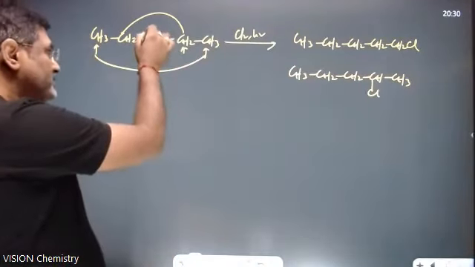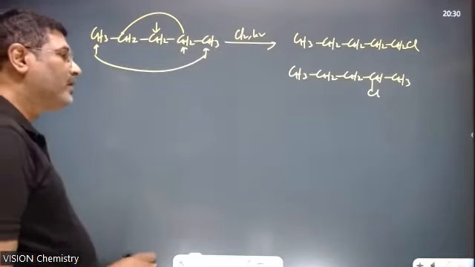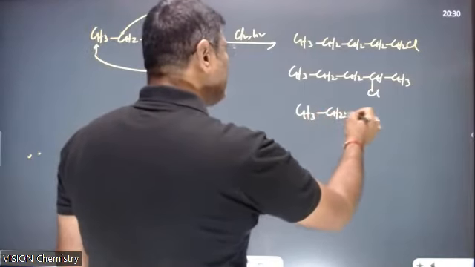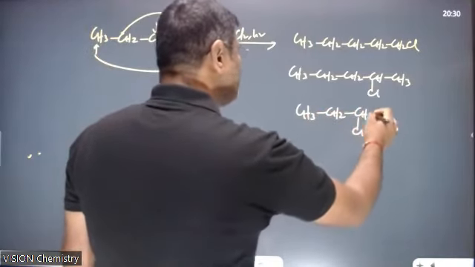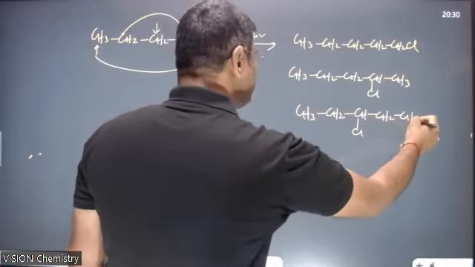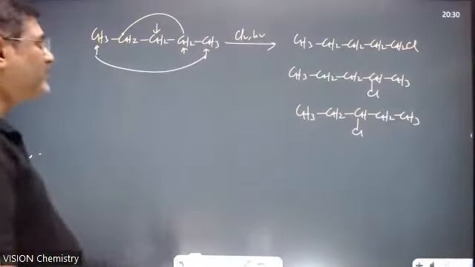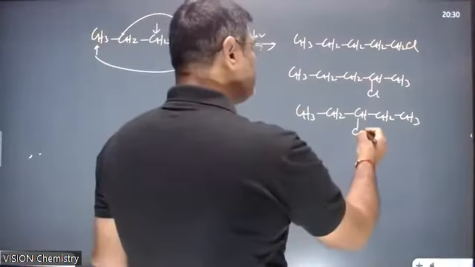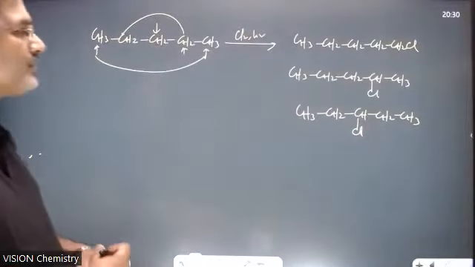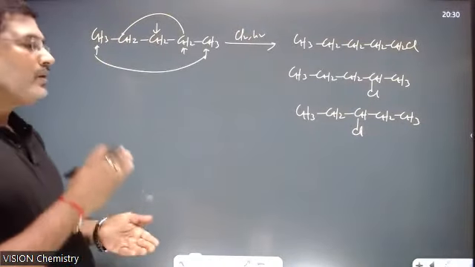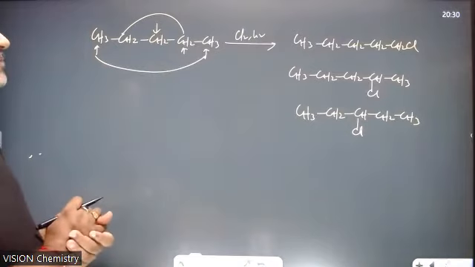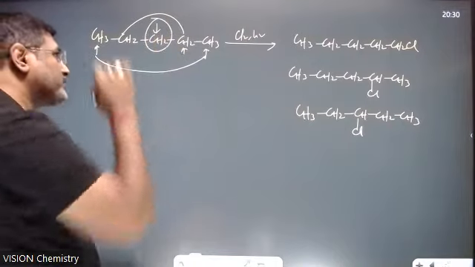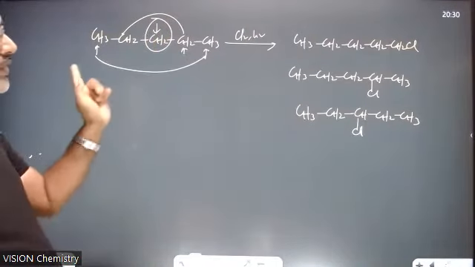What about this one? Yes, this one is different. Sir, that is also secondary. Yes, all secondary may not be same. Here CH3CHClCH2CH2CH3. This one is secondary, and how many hydrogens are responsible for this one? Only 2 hydrogens are responsible.